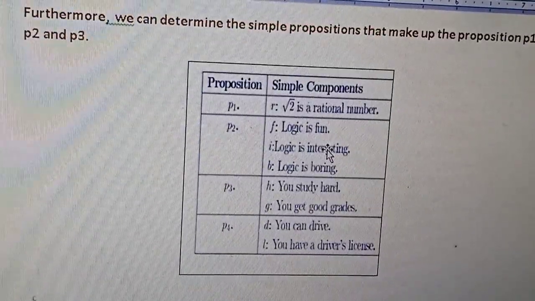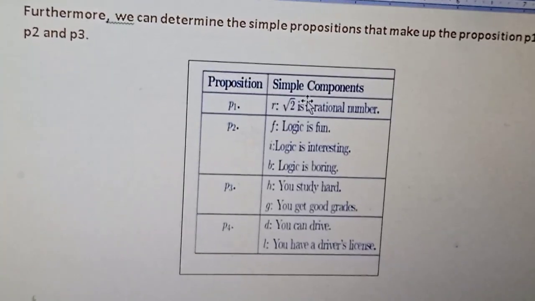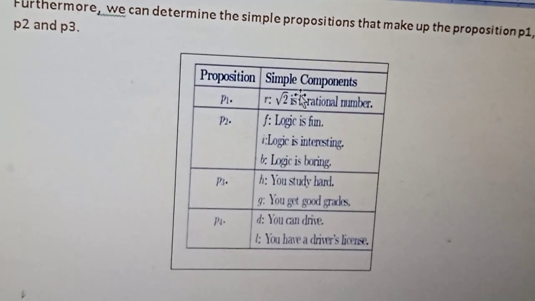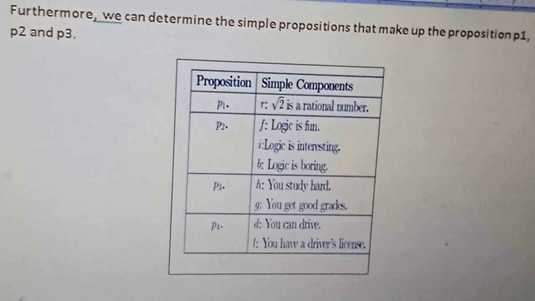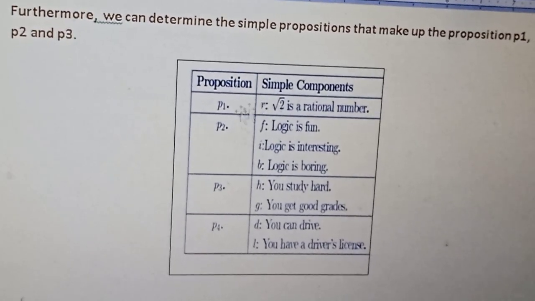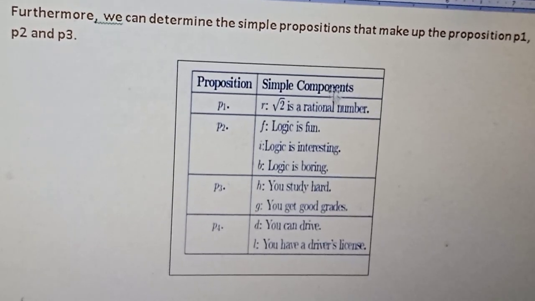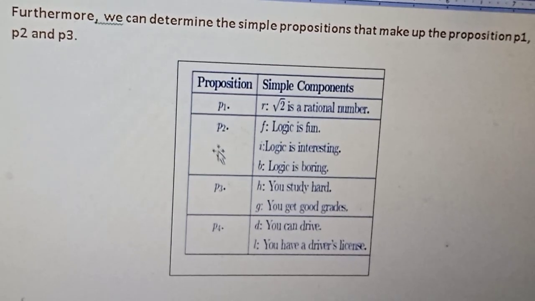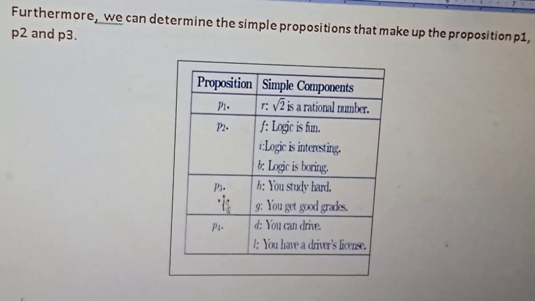So we can also illustrate or determine propositions by way of a table. We have this table with the proposition on the left and the simple components on the right. We will take P1 and P2. We will not include P3 and P4 because this is not the illustration for them.